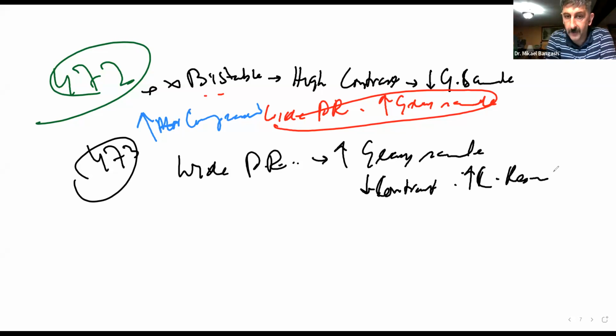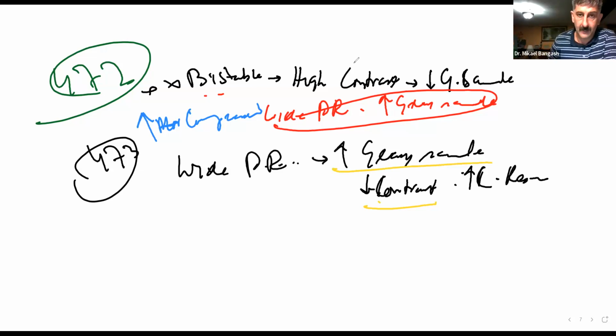The first option that we have is low contrast. That fits here. The next is many shades of gray. Many shades of gray, we're going to get grayscale.